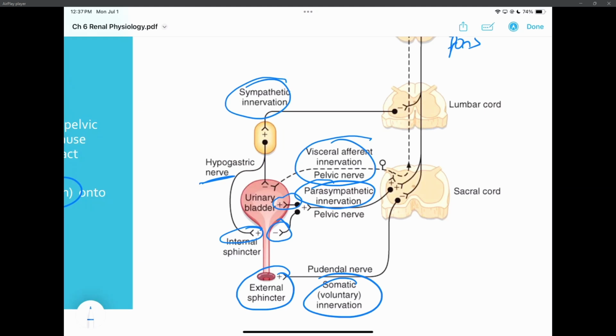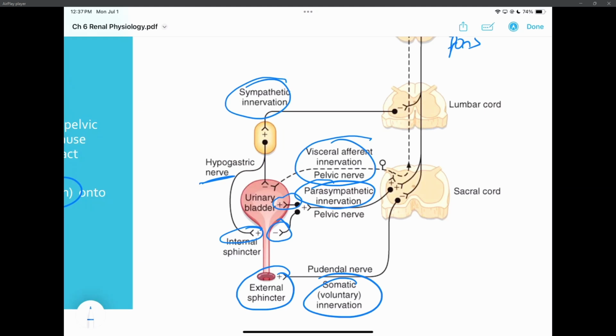So when anyone comes in with lower back pain, they hurt their back, one of the questions you always want to ask them is, do you have any bladder or bowel incontinence? Did you hurt your back so much that you hurt this pudendal nerve? And now you can't control your bladder or your bowel functions, because that's the nerve that is provided by your voluntary muscle.